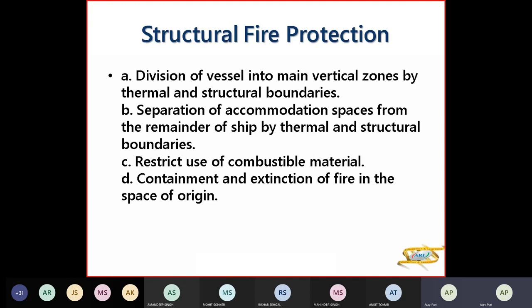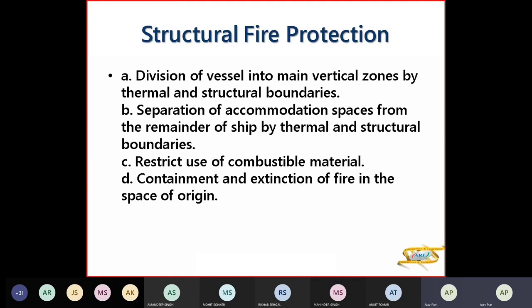So you are trying to contain a fire with this. What kind of insulation you're going to have on that? B is a separation of accommodation spaces from the cargo spaces by thermal and structural boundaries. So the cargo space you are separating by thermal and structural boundaries, and from the engine room space also.